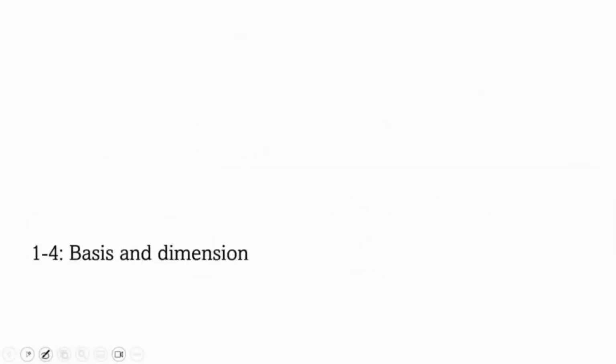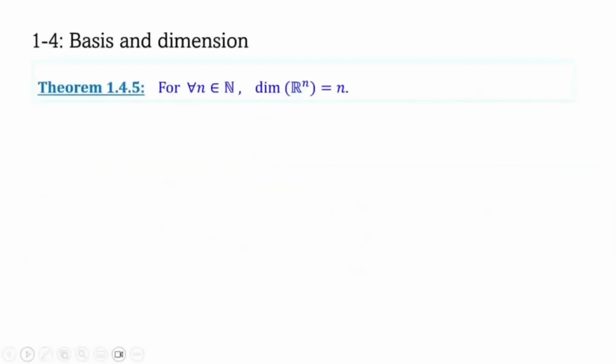Now we are going to generalize this concept and see what the dimension of Rn is. In this theorem we are going to prove that the dimension of Rn is equal to n.